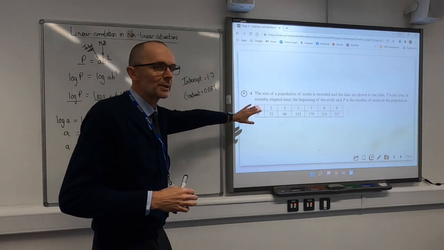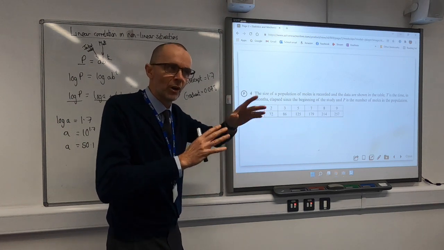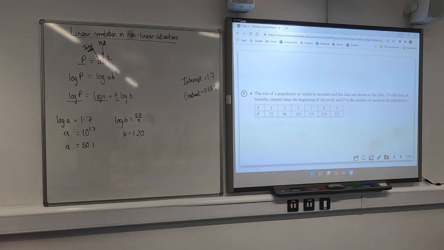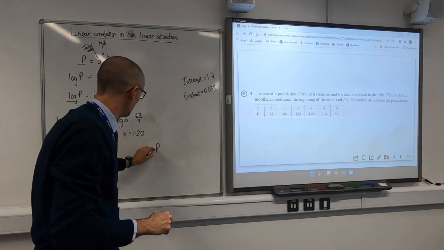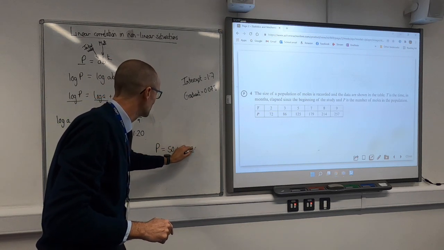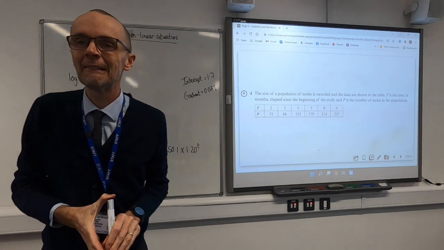We didn't know it was exponential, but we tried to see if it is by logging one axis. We've got a nice straight line. So we can therefore say that the number of moles is equal to 50.1 times 1.2 to the t.